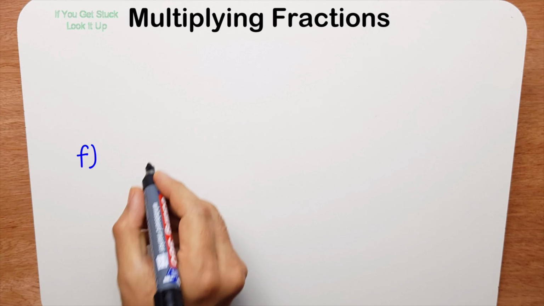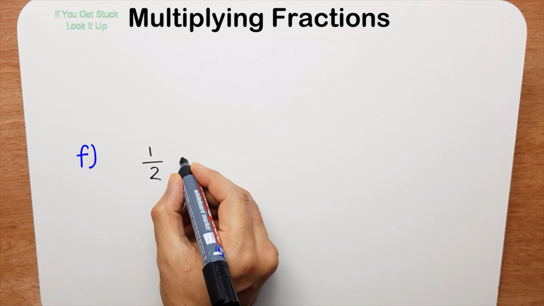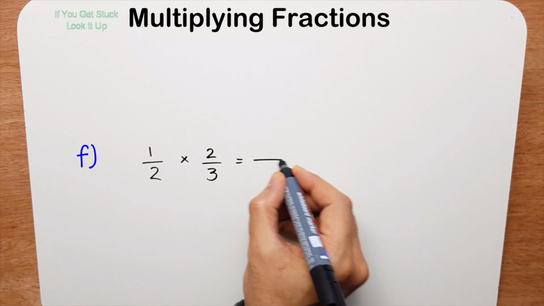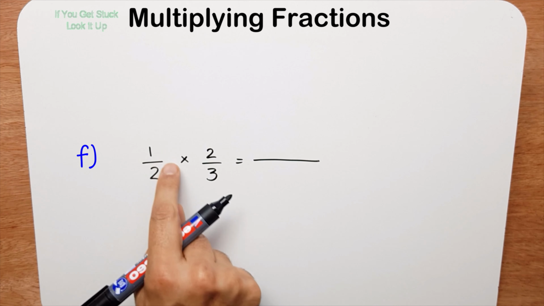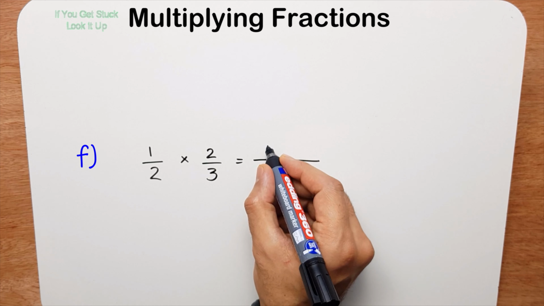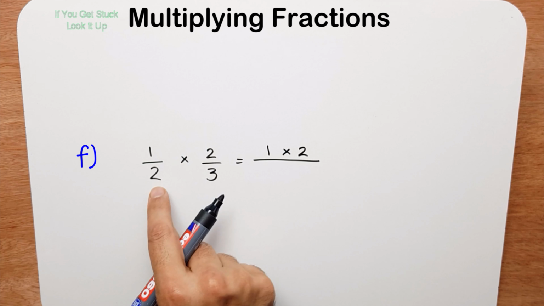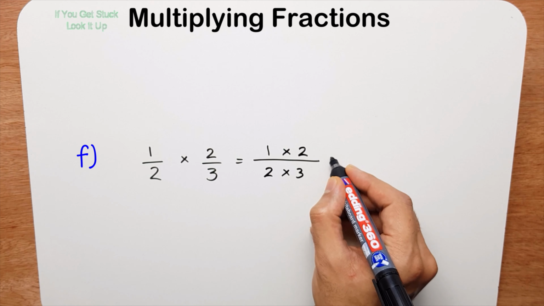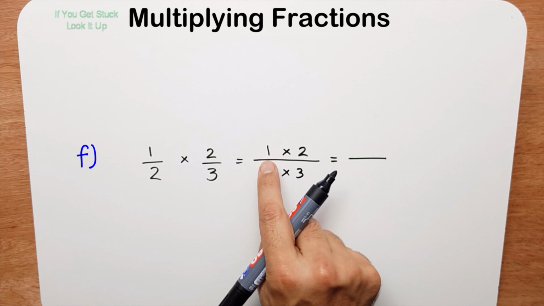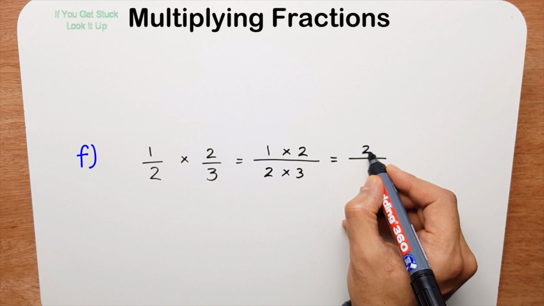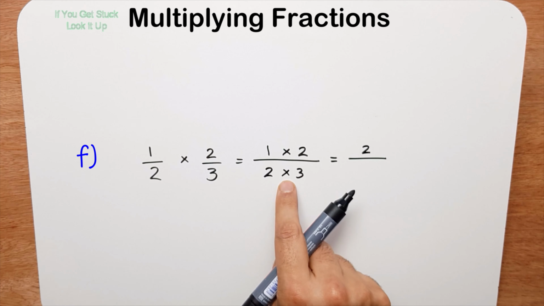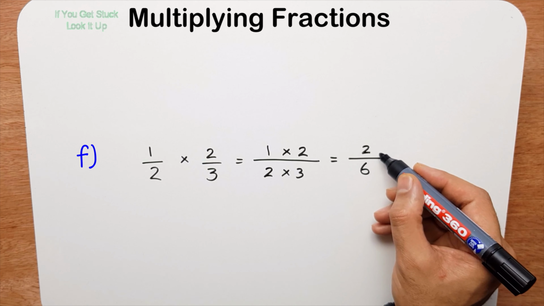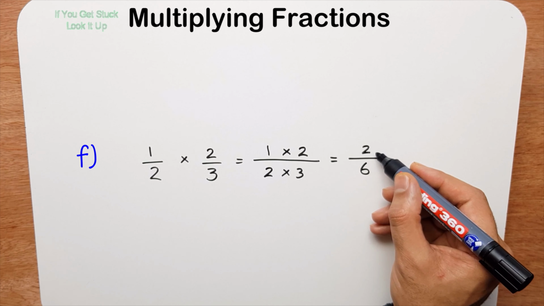Now the next question is 1/2 times 2/3. So I do the fraction line. 1 times 2, and 2 times 3. Fraction line. 1 times 2 is 2. 2 times 3 is 6. Now I can see I can simplify this because they're both even.